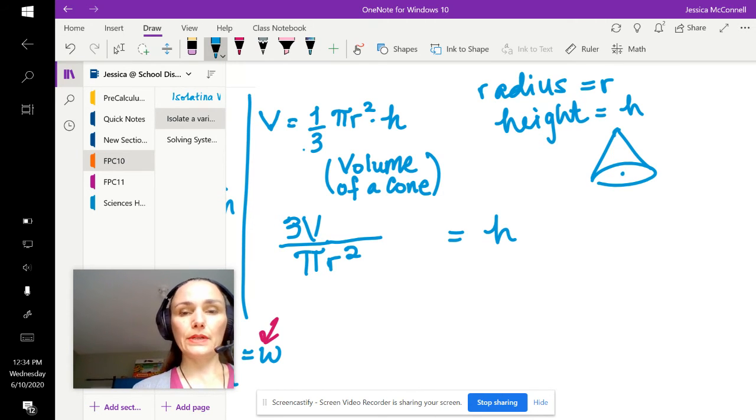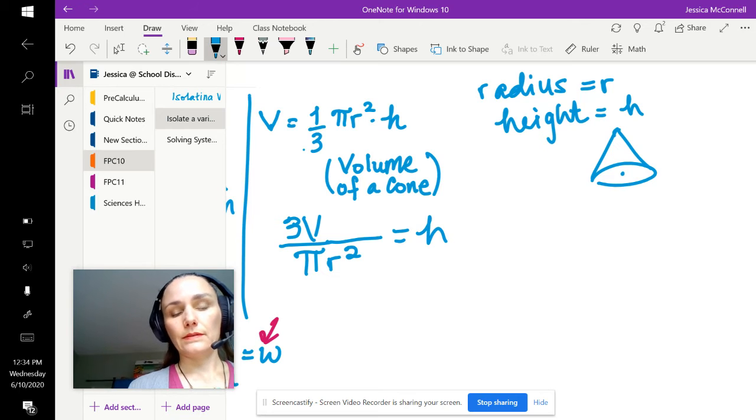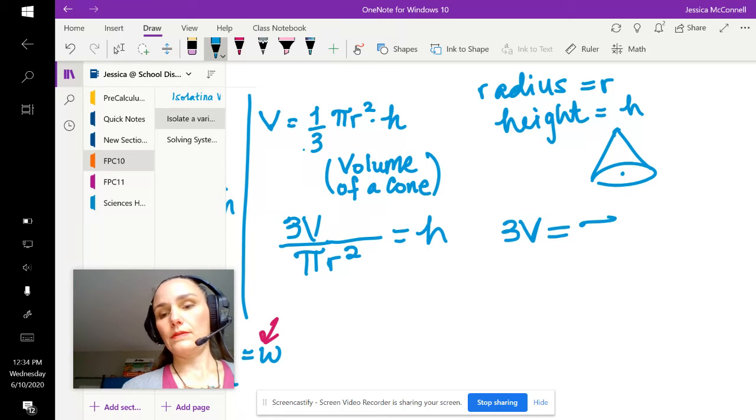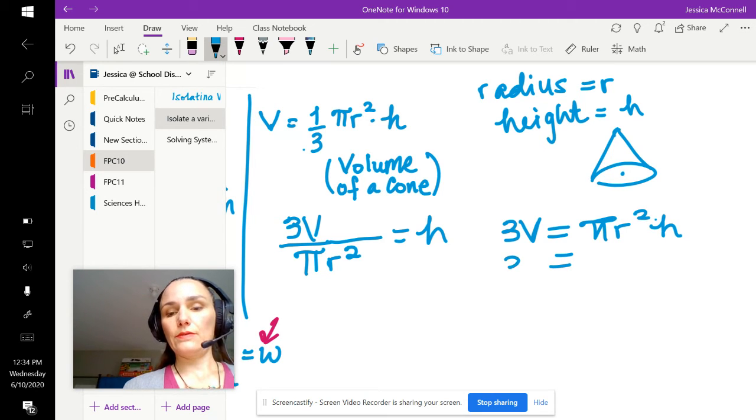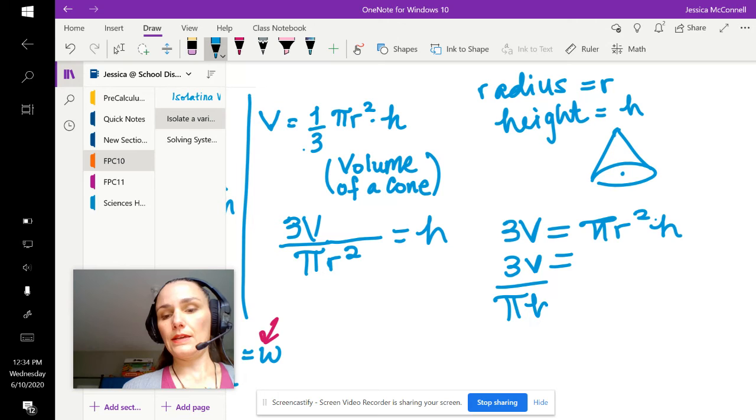The second possibility, I'm actually just going to move this h over a little bit to make some space, is similarly, start with multiply the 3. That would be then pi r squared h. I'm going to divide that 3v by pi and h.